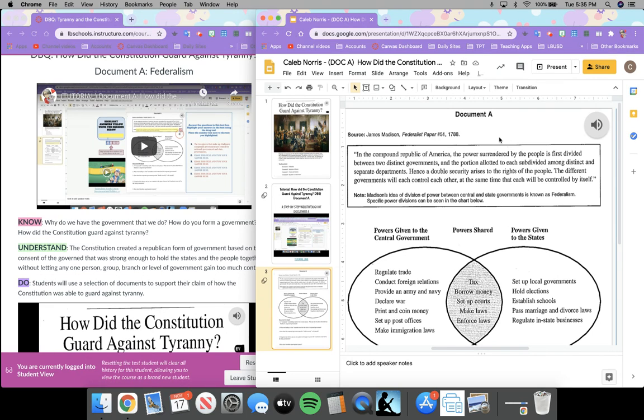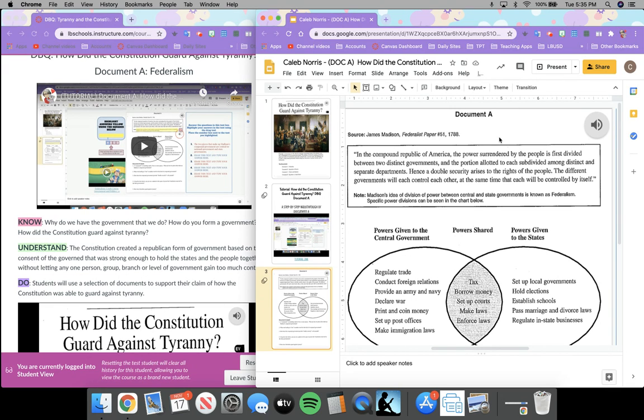It says, "In the compound Republic of America, the power surrendered by the people is first divided between two distinct governments, and the portion allotted to each subdivided among distinct and separate departments. Hence, a double security arises to the rights of the people. The different governments will each control each other at the same time that each will be controlled by itself."